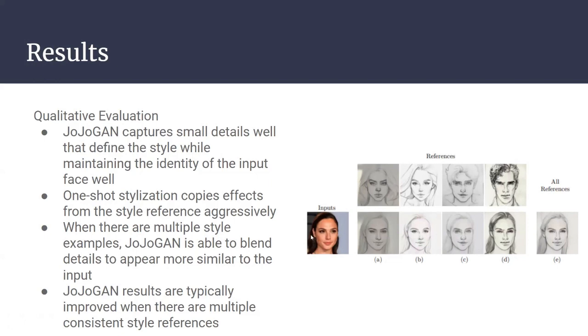And then with this input and with all of these references, JoJoGAN produces this output image, which out of these 5 images is the most similar to the input, if you use all these reference images together.